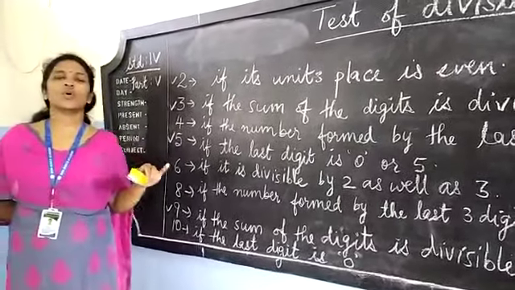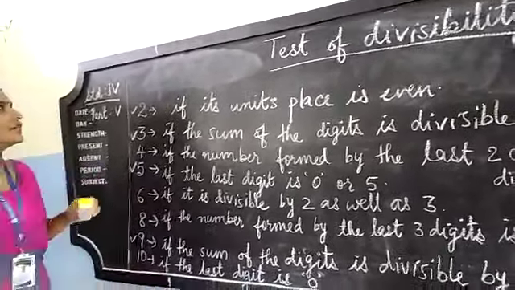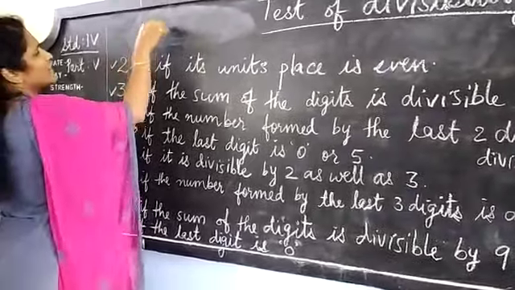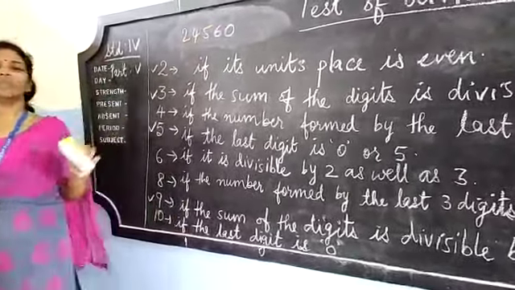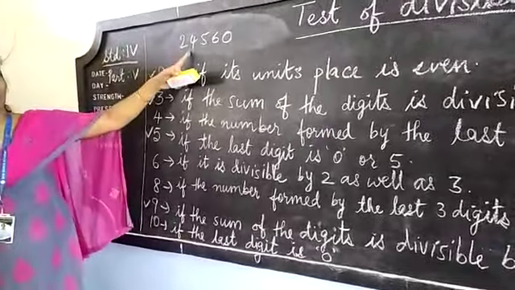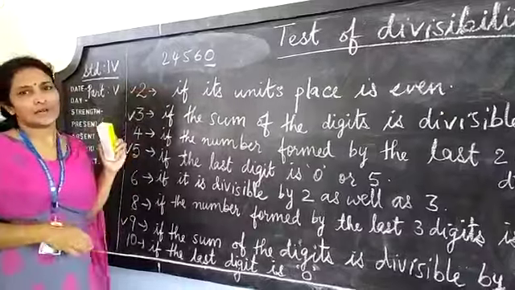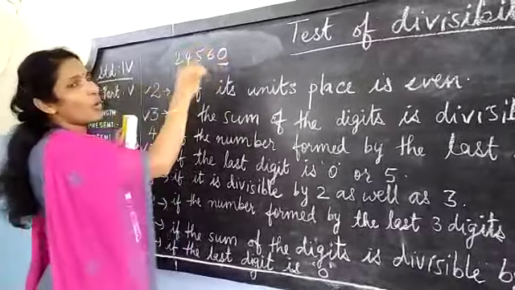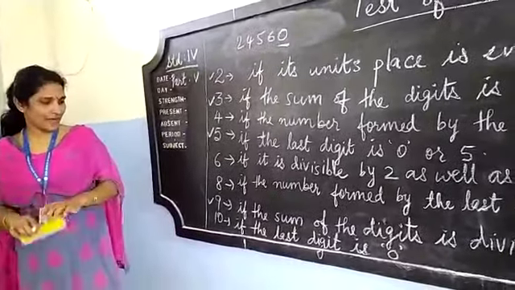If it is 0 or 5, that number is divisible by 5. Is it divisible by 5? Yes, the number in its units place is 0.